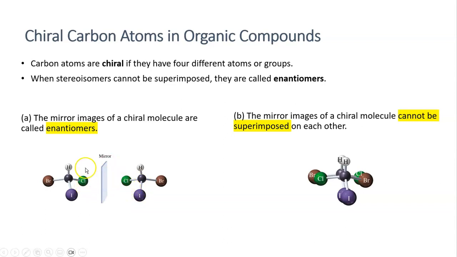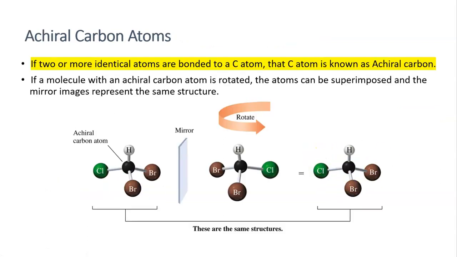Now, for example, the mirror images of this chiral molecule are enantiomers. These two are enantiomers because we can't superimpose them or align them with each other. Just like you see here, it's not possible to superimpose them on each other.